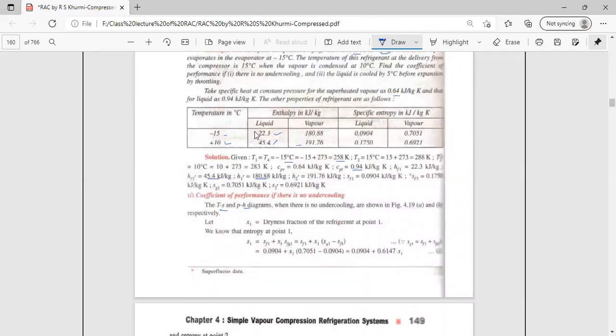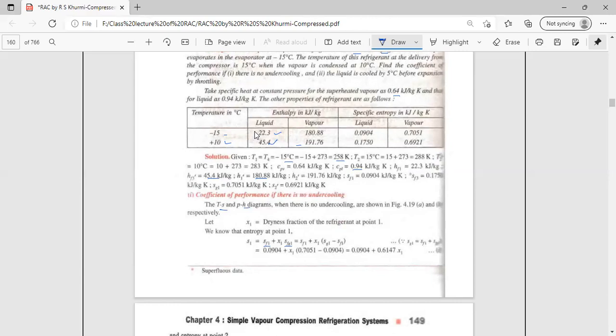So S1, the entropy at the point 1, will be the entropy of the fluid refrigerant at point 1, SF1, plus X1 times SFG, the entropy change of vaporization between the section 1 to 2. Latent heat is absorbed from the surroundings, which is the difference in entropy, SG1 minus SF1, where one is gaseous state and one is fluid state.